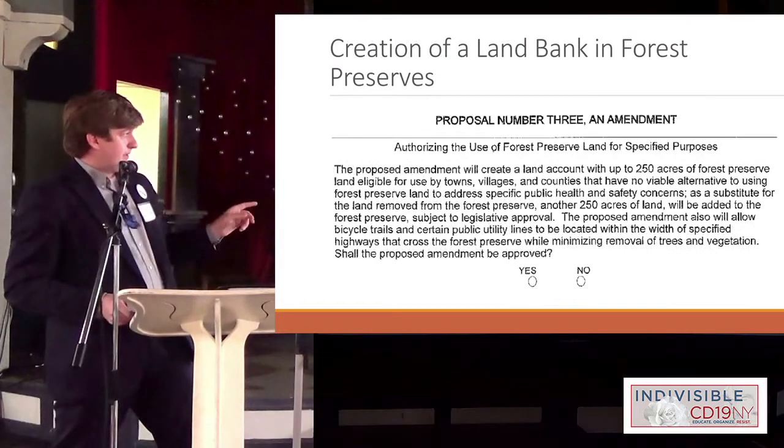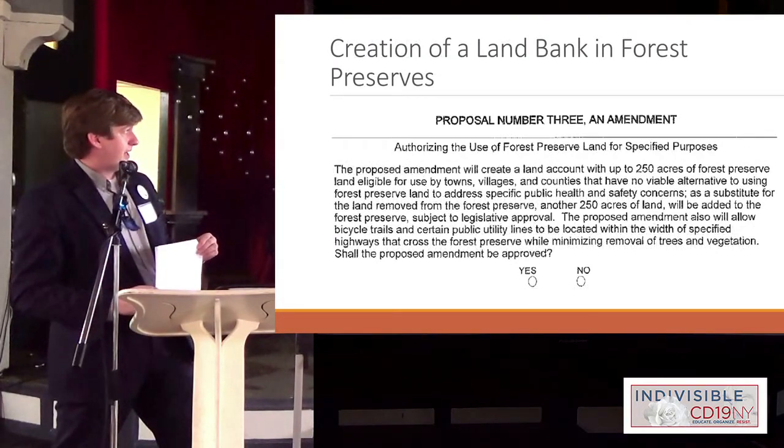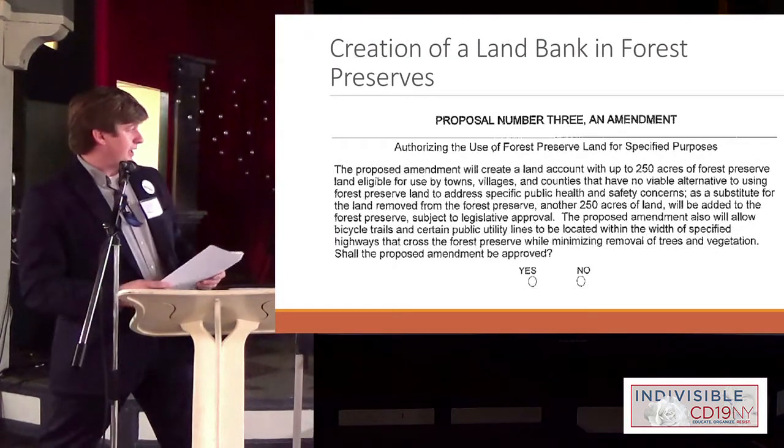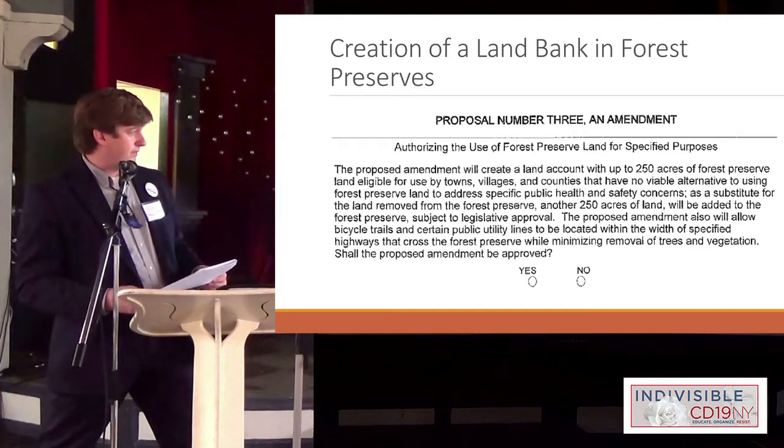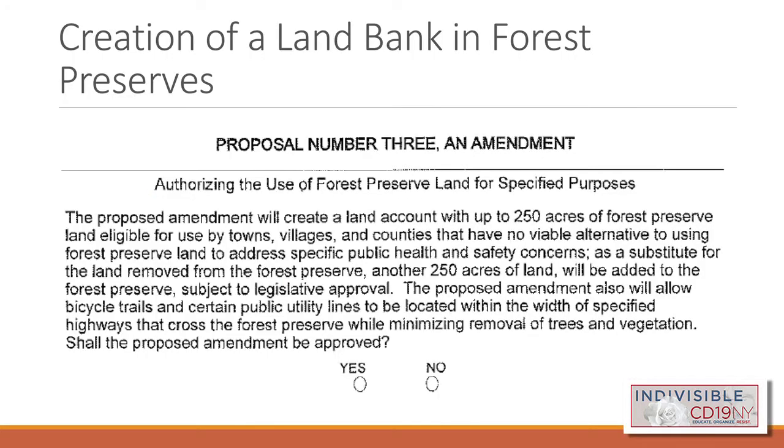And the second amendment has to do with creation of a land bank and forest preserves, and it's authorizing the creation of up to 250 acres of forest preserve land eligible for use by towns, villages, and counties.